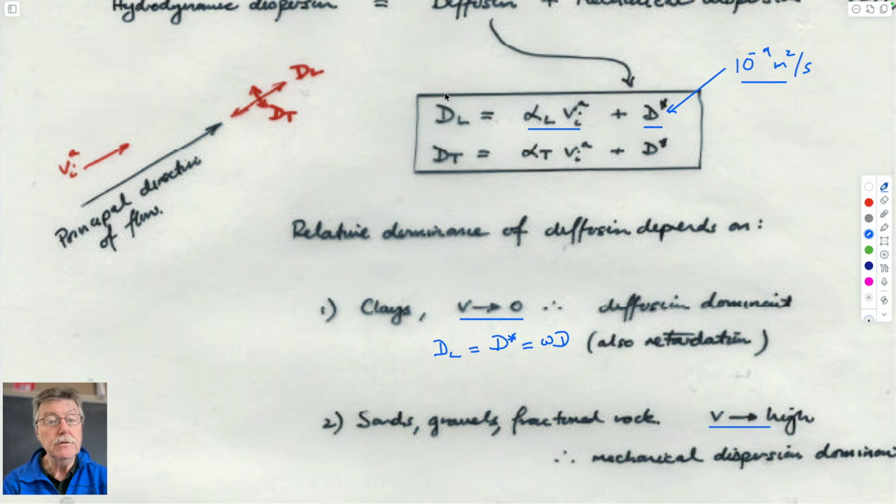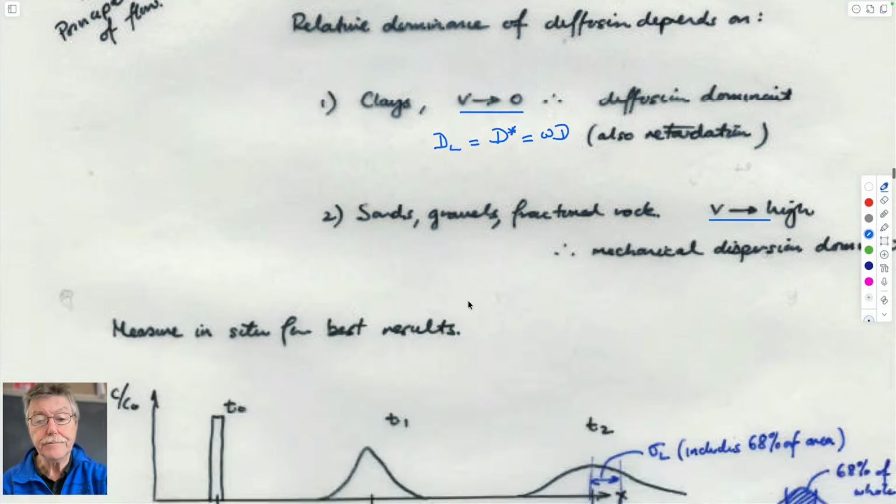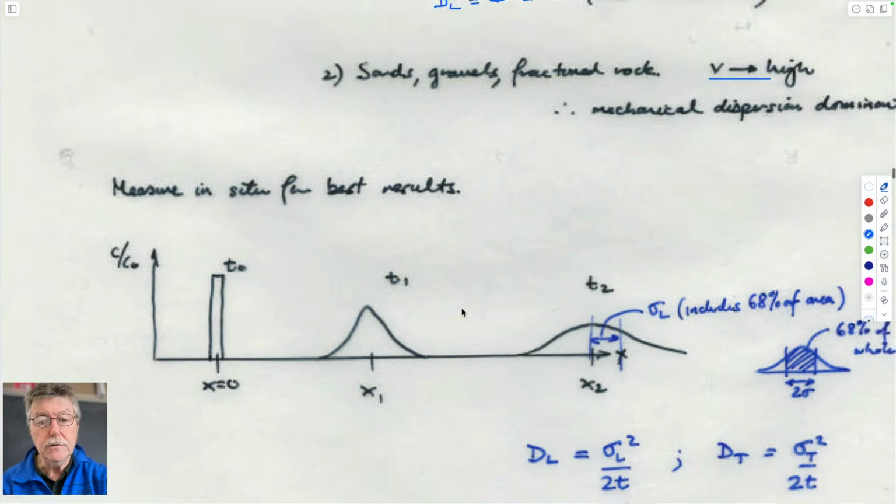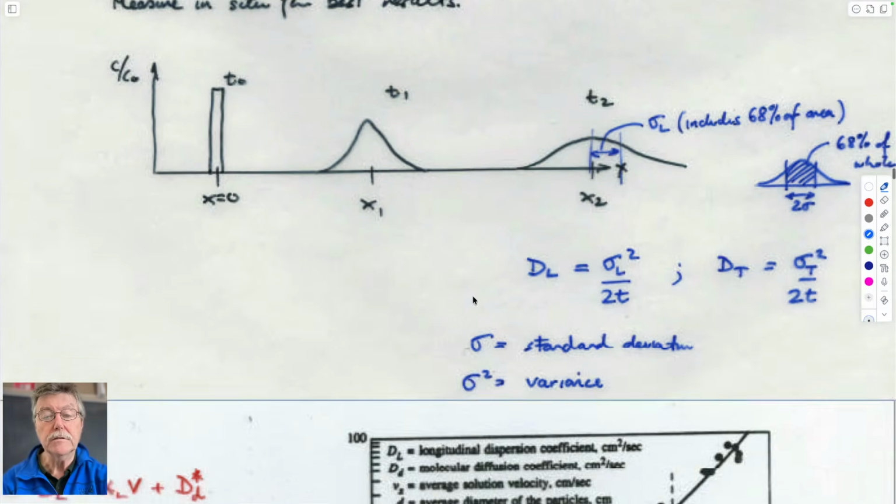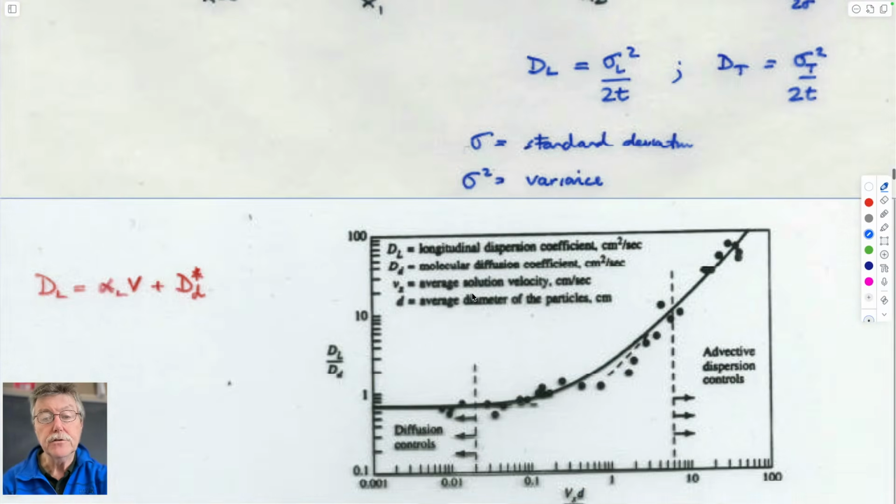So this represents the two regimes. When there is no velocity, it will be diffusion dominated, and when you have velocity, this term becomes inconsequential, and this coefficient describes the behavior. So it allows us to watch behavior as we go downstream.